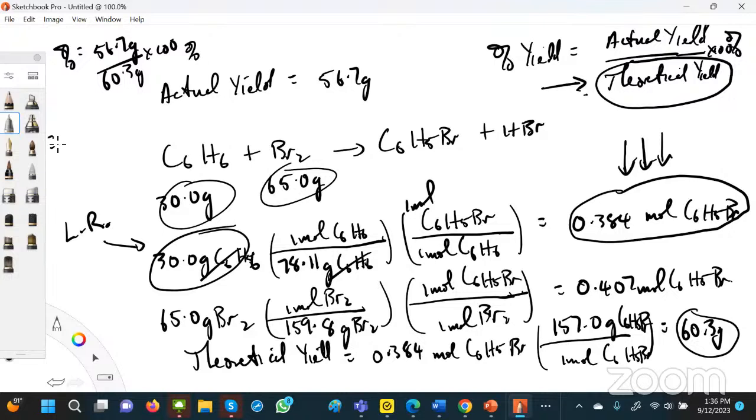Let's see what that gives. 56.7 divided by 60.3 times 100, and the answer I got is 94.0%, which as percentage yields go is very, very good.